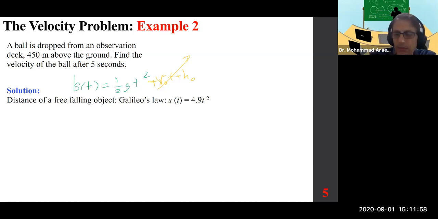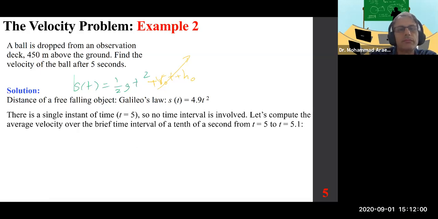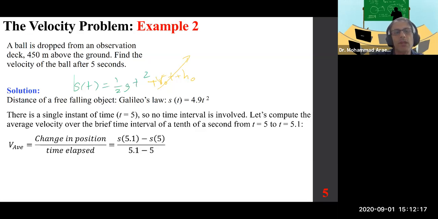So with that being the case, there's only a single time, okay. So what we are going to do, again, remembering the definition of an average velocity, right? The distance over time. You can calculate this as S of 5.1 minus S of 5 over 5.1 minus 5.